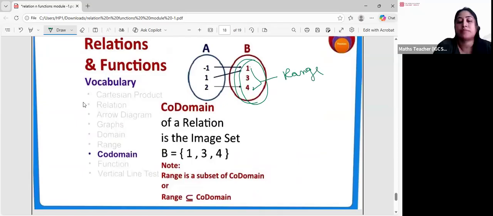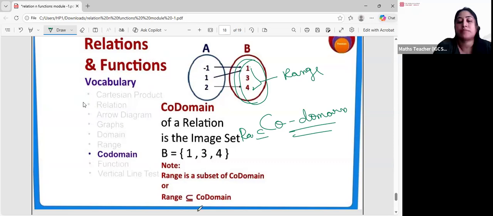All the elements of set B, I mean all the y values of the ordered pairs, we call codomain. Clear? So the codomain here is the set 1, 3, 4. All elements of set B we call codomain. And range is a subset of, or equal to, the codomain. So this is what we learned in today's class.